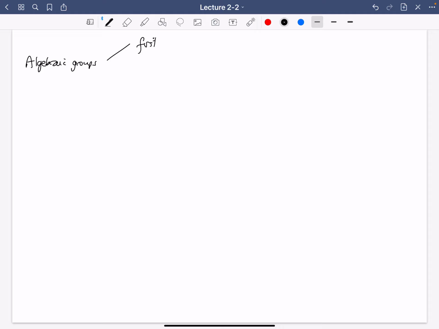I've given you some first examples of algebraic groups. The most important ones for us are the general linear group, special linear group, that's determinant 1, the special orthogonal group, and the symplectic group. And then I've proved one decent theorem so far, which is this analogue of Cayley's theorem for algebraic groups.